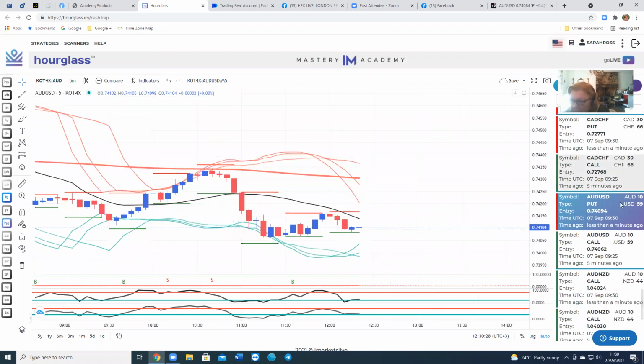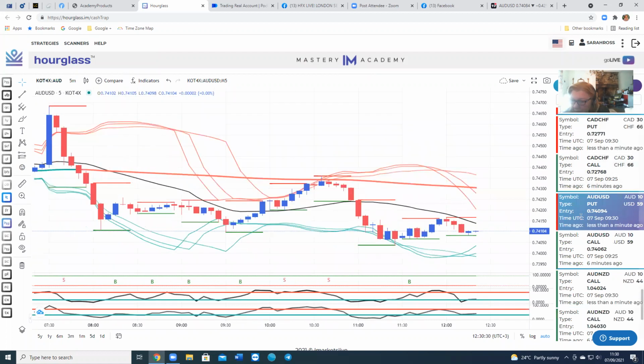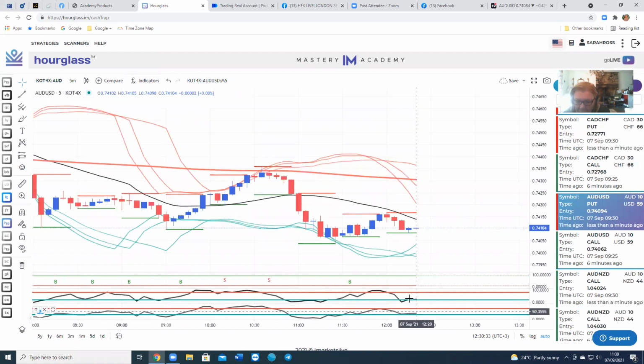Now the problem with this one, it's 10 to 59. But the problem with this one is you can see it's in the oversold area. The US dollar was a put, and you can see it's just been ranging along this line.